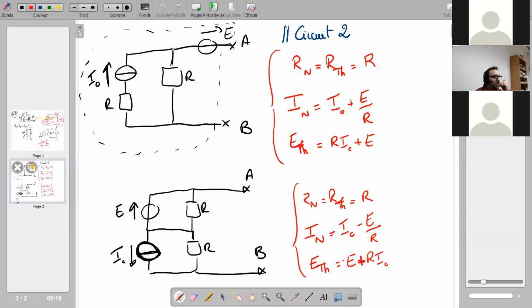So feel free to have your lecture document in front of you, or the protocol I described previously, to start training again, applying Thevenin and Norton. Do not forget any step. Do not forget to turn back on the sources once you're looking for IN or ETH.